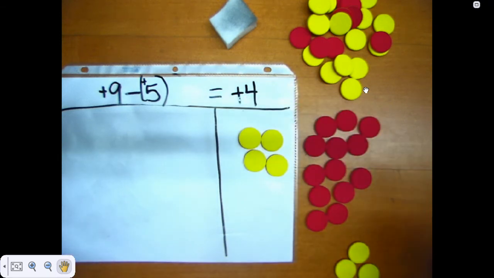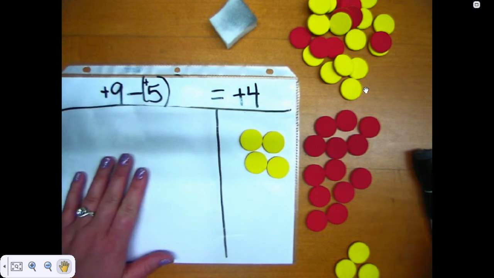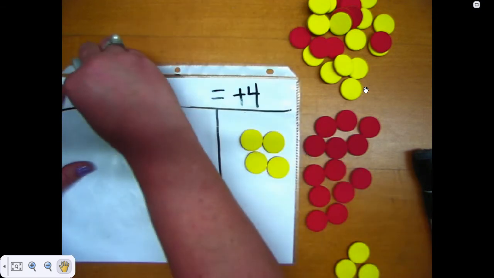Just like back in kindergarten and first grade, you are working with all positive numbers, so everything you did was this, but it was positive. Okay? Let's try another one.